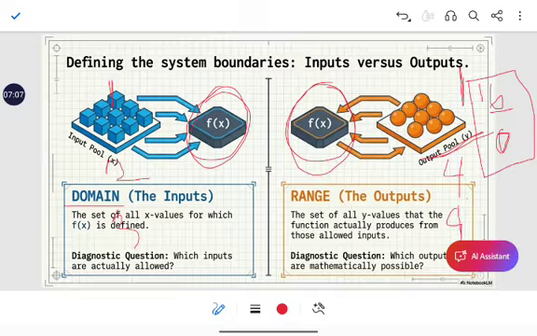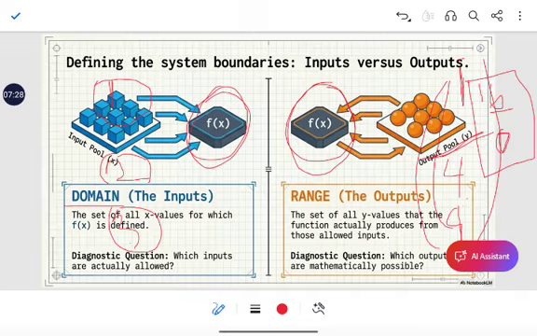Because every element here produces its own output, and every output here is a result of an input, we call the set 1, 4, 9 the range set. Good.